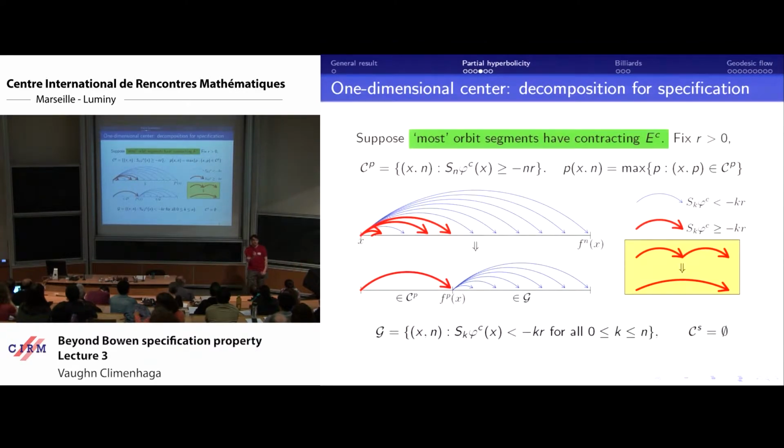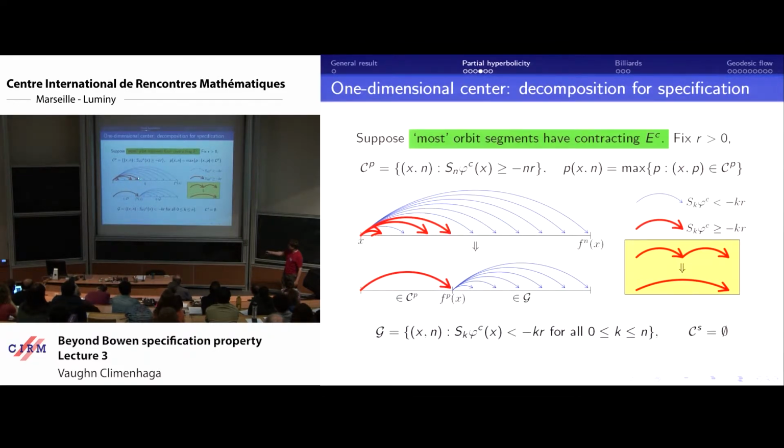But now I need to say something about the rest. I need to say something about this orbit segment. And the nice consequence of the way I defined these blue and red pieces, this good and bad stuff, is that if I take two bad pieces, so two orbit segments along which the average rate of contraction is greater than or equal to minus r, well, of course, the same is true of their concatenation. So suppose any of these guys was bad, was red.